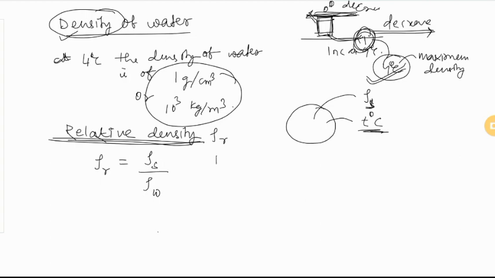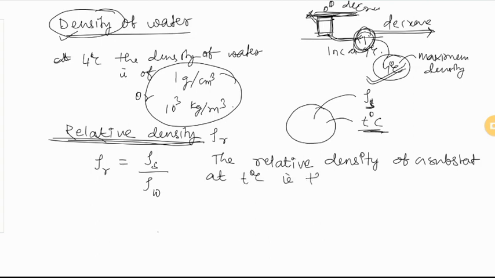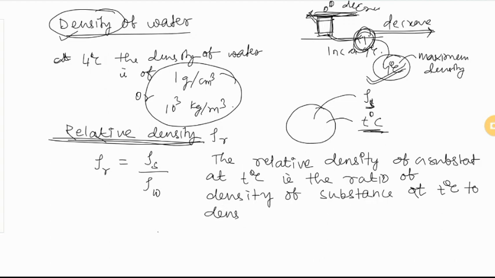So you can write the relative density of a substance at T degree centigrade is the ratio of density of substance at T degree centigrade to density of water at 4 degree centigrade.